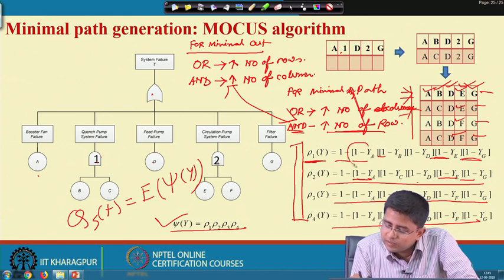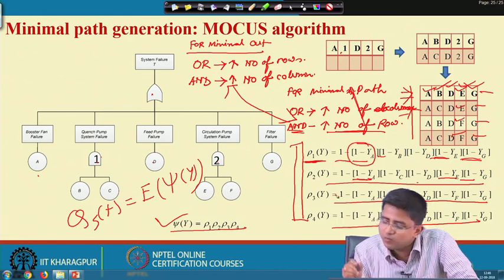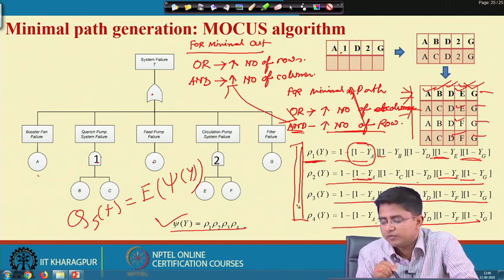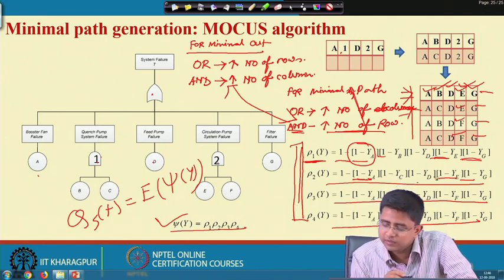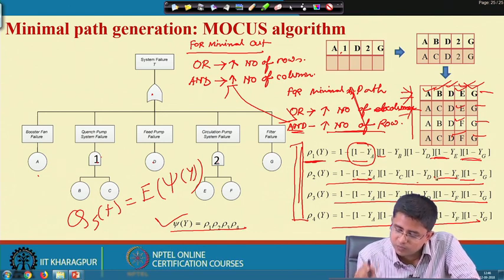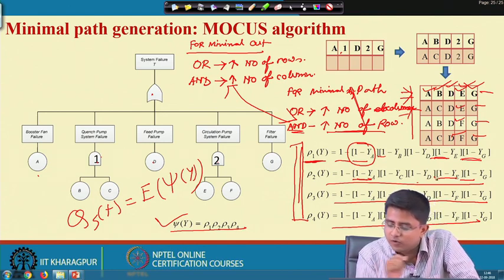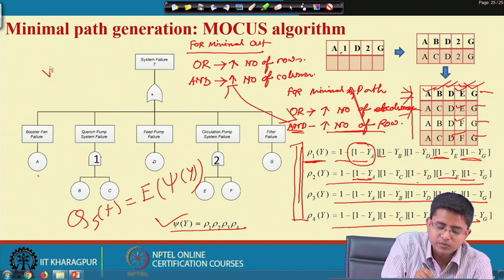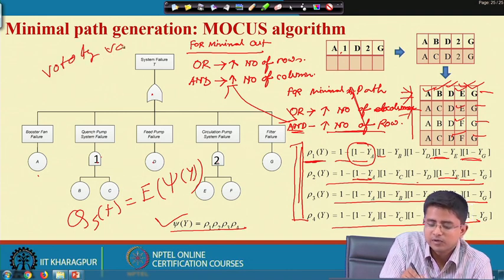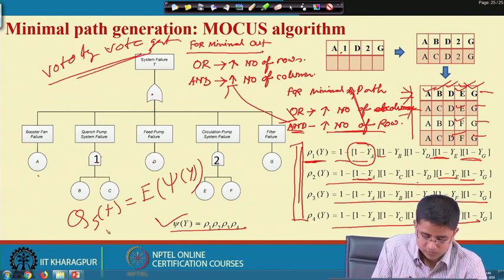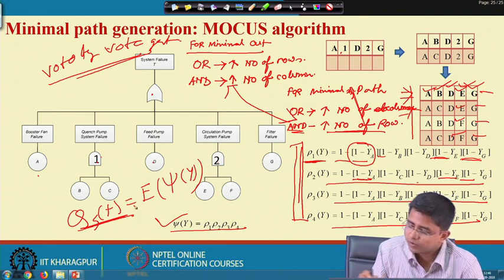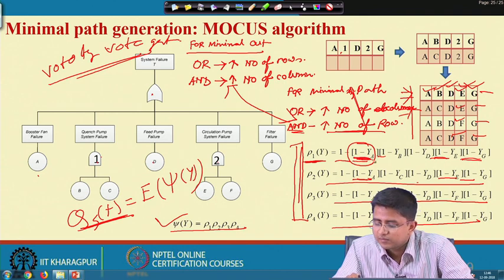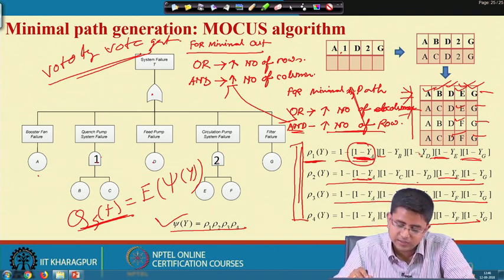This means these values appear more than once in the structure. As they appear more than once, you have to dig down at the last position, otherwise you will make a mistake. You saw in the last lecture, when calculating the vote gate, that there are two unavailability values because this term appears more than once everywhere.